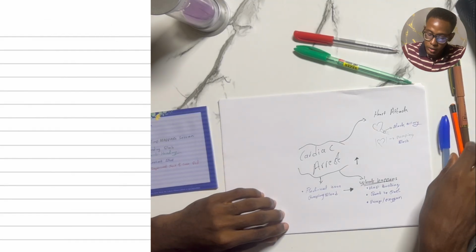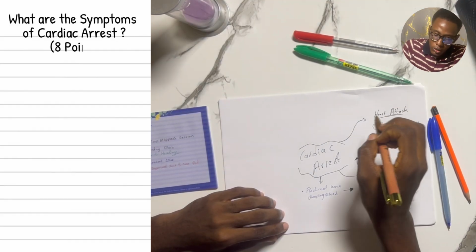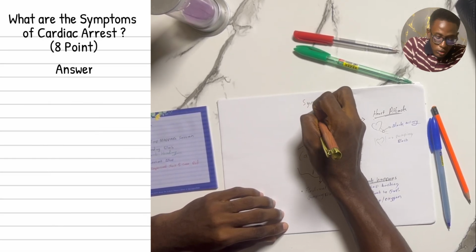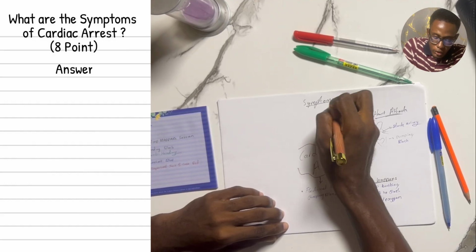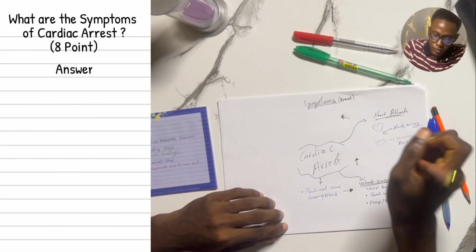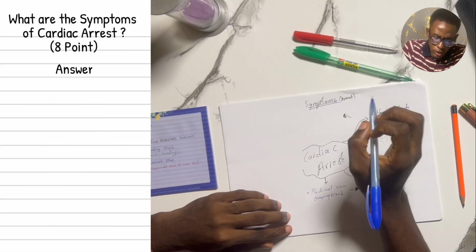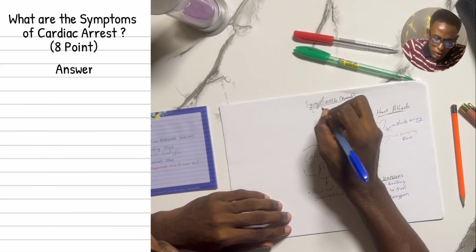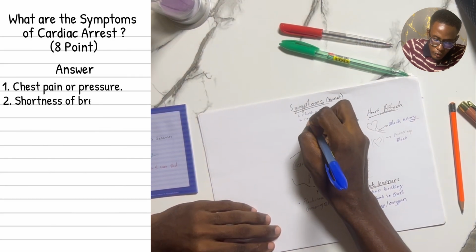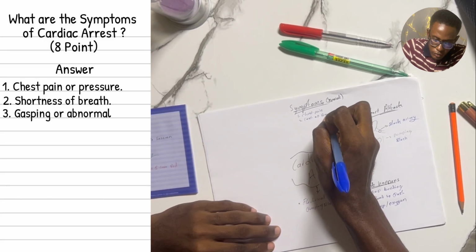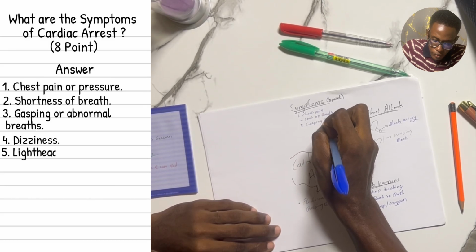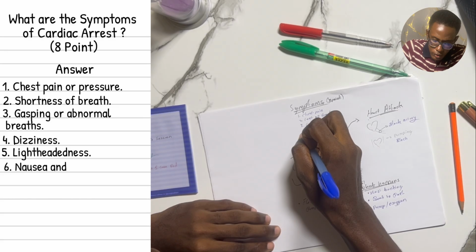So now, what are the symptoms of cardiac arrest? I think they are 8 in number. The first one, I'm just going to run through this fast: chest pain, loss of breath, gasping for air.